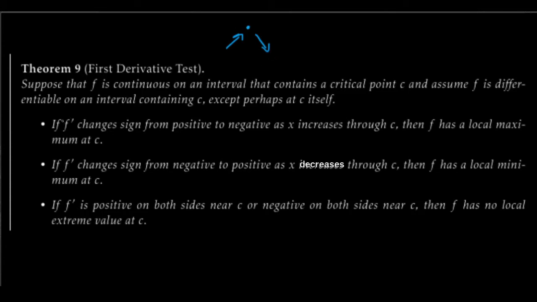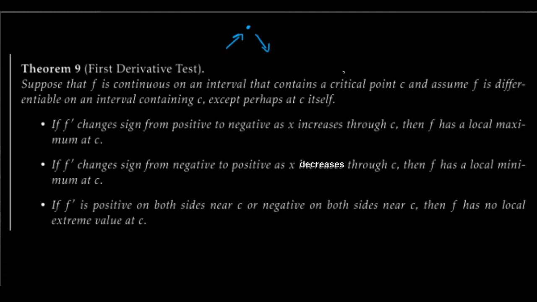So that's telling us when we go from positive, i.e. the slope of a line like this, to negative, i.e. a slope of a line like this, that moment corresponds to a local maximum. So that is the place where f will have a local maximum, i.e. f of c will be a local maximum of f.